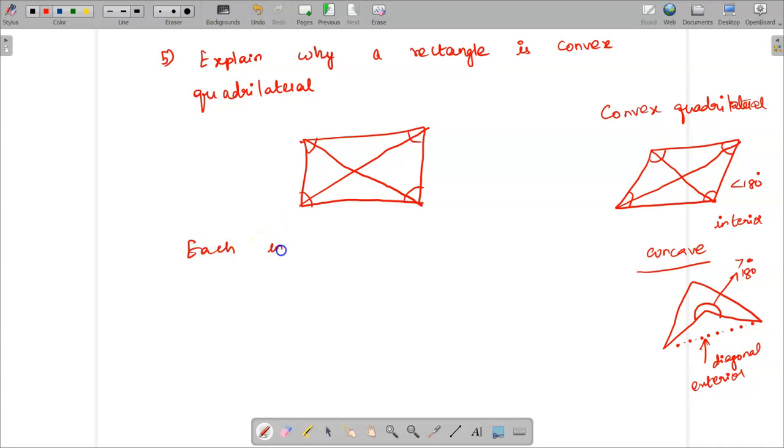Each interior angle is less than 180 degrees and both the diagonals lie in its interior.